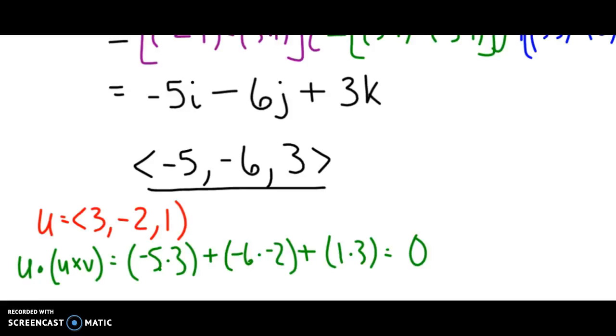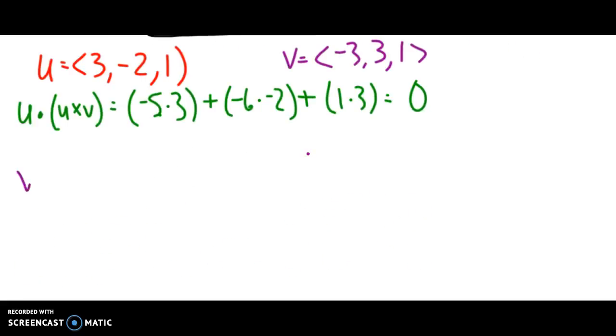And we can do the same with v. Remember, v's vector was negative 3, 3, 1. And so I take my cross product. Okay, so I'd say v dot the cross product, u cross v.